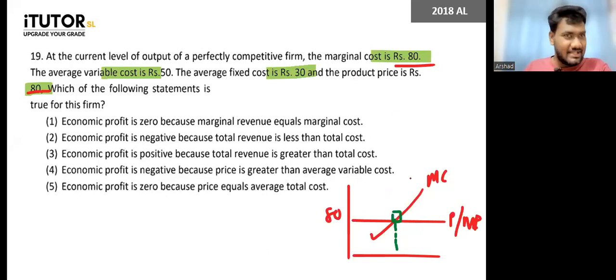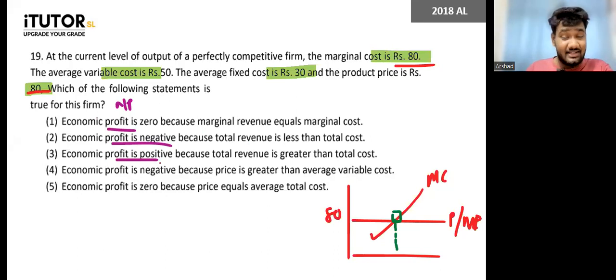Now they are at their profit maximizing point. Fine. How are you going to find out whether they are making an economic profit, or are they making a loss, or is the economic profit zero? Economic profit is zero means they are making normal profit. Economic profit is negative means loss. Economic profit is positive means they are making supernormal profit.